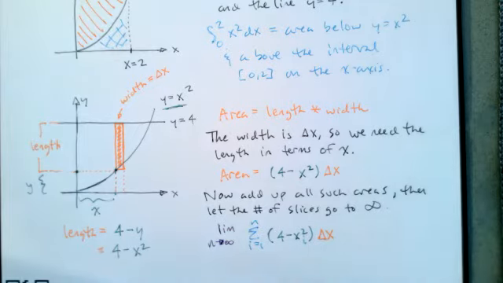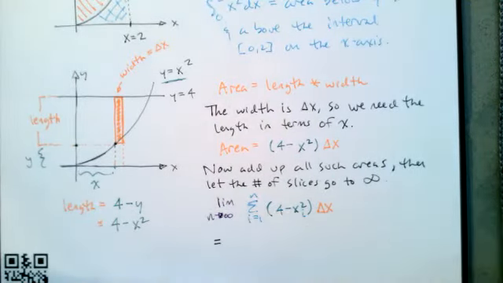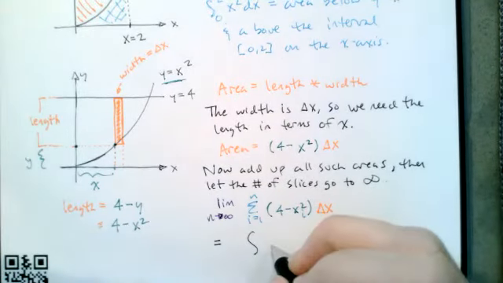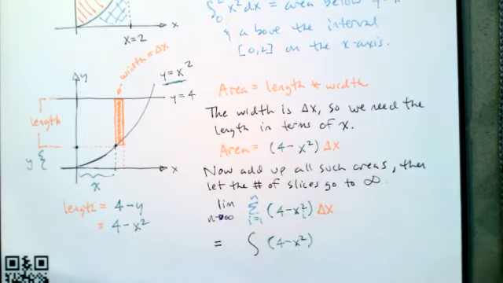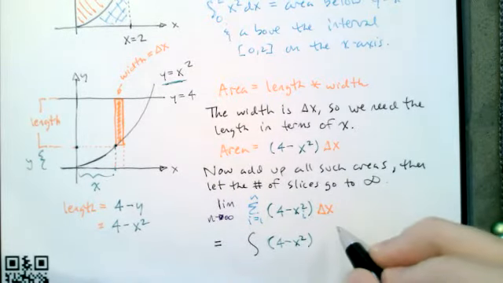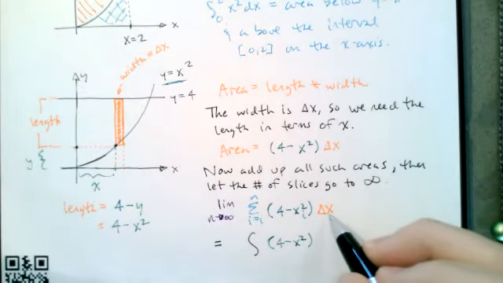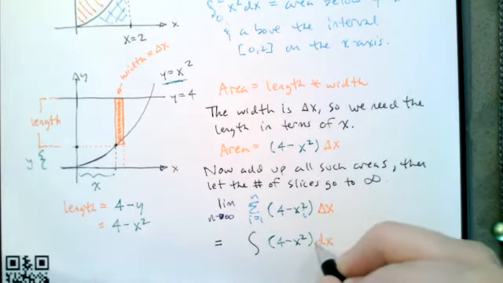In the definite integral, we're going to integrate the length, which is still 4 minus x squared. In the continuous variable, when we vary x continuously, we go from a discrete delta x to a continuous dx.